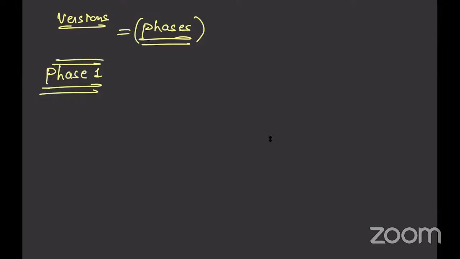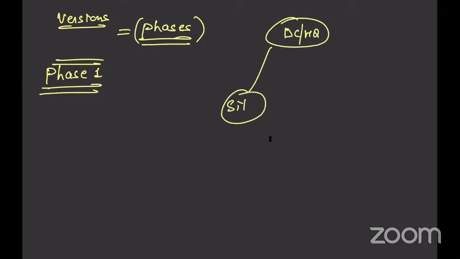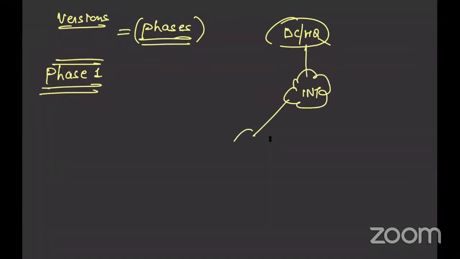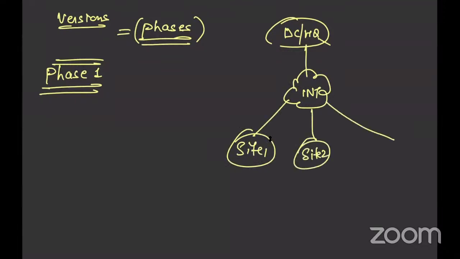So what is going to happen in phase number 1? For example, this is your data center or headquarter, and over the internet you have site 1, site 2, site 3.